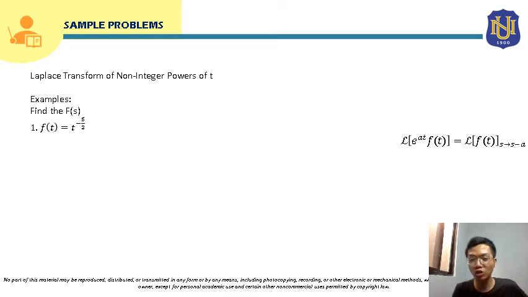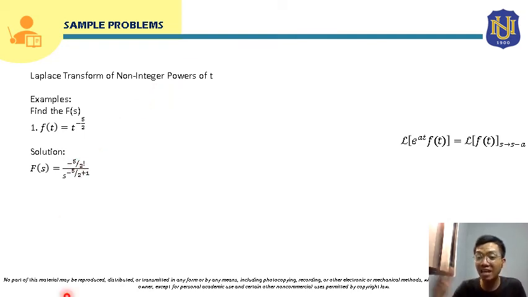If you are going to apply the Laplace transform of t raised to n, as we can see here, the Laplace transform will be n factorial over s raised to n plus 1. So if we apply that here, our n is negative 5 halves, so this will become negative 5 halves factorial over s raised to negative 5 halves plus 1.